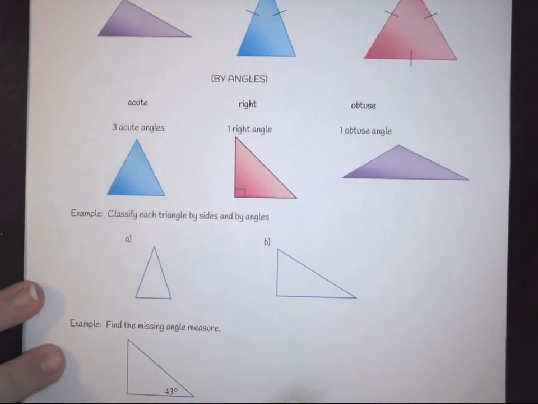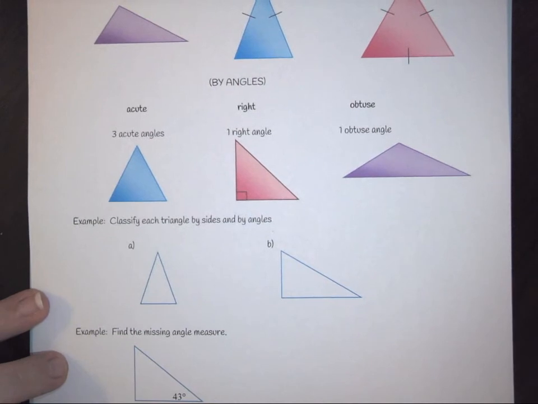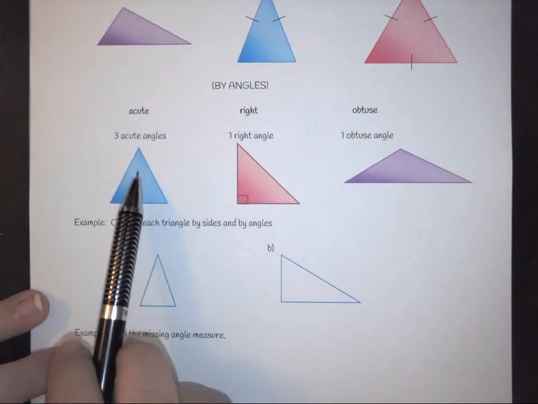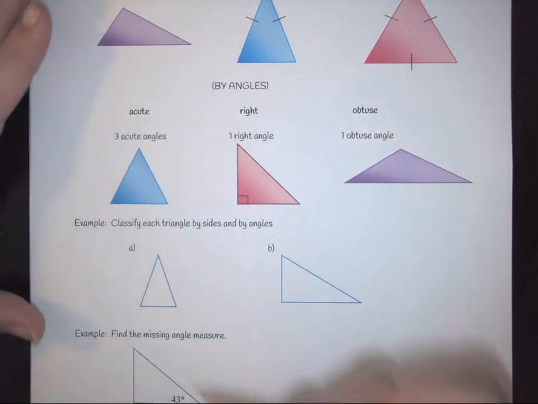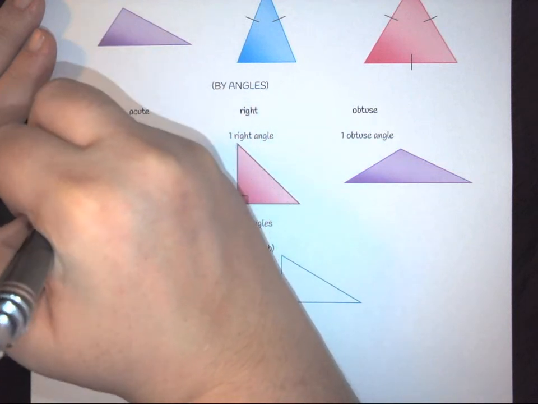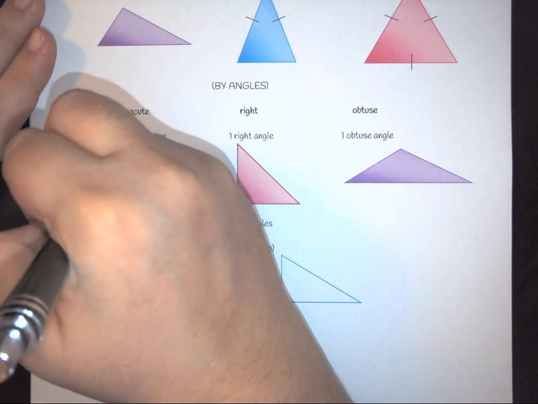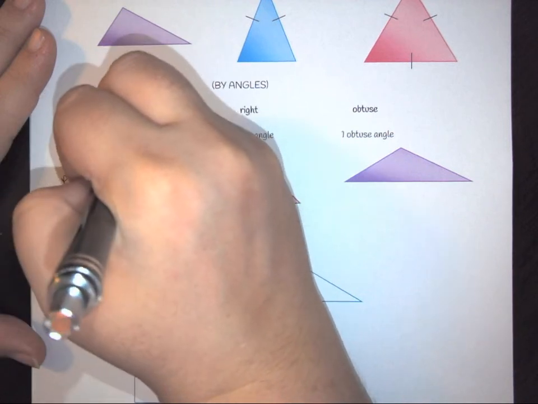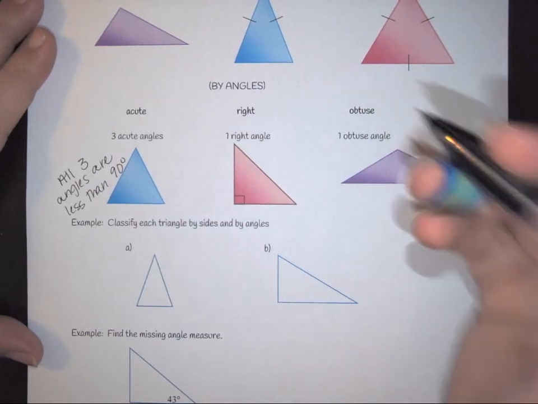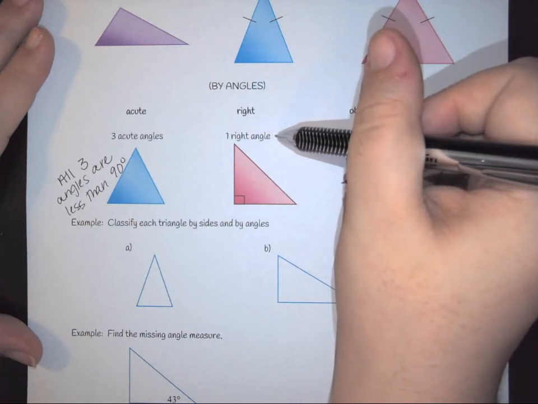Now the other thing that we can classify by is your angles. So in this case, we would have what's called acute. Acute says that all three angles are less than 90. So here, all three angles are less than 90 degrees. A right triangle says that you have one right angle.